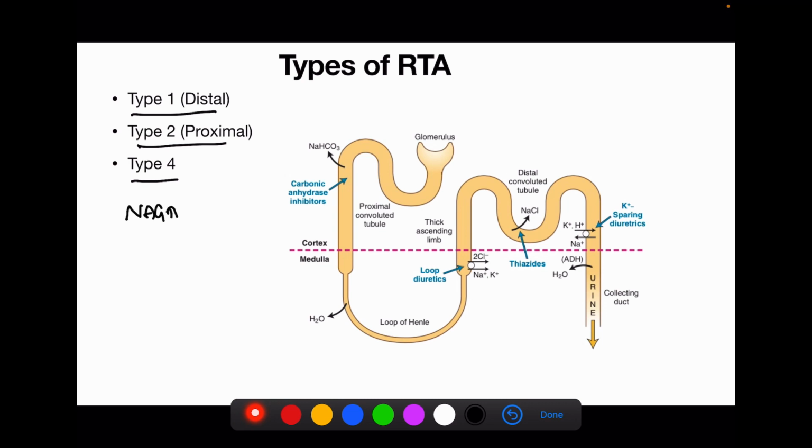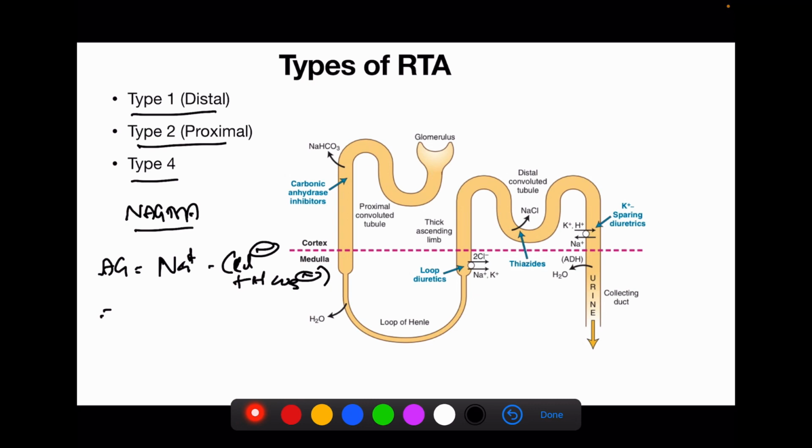So normal anion gap metabolic acidosis, you just calculate the anion gap by this formula: total positive charge minus total negative charge. So the total positive charge is represented by sodium and the total negative charge is represented by the sum of chloride and bicarbonate.